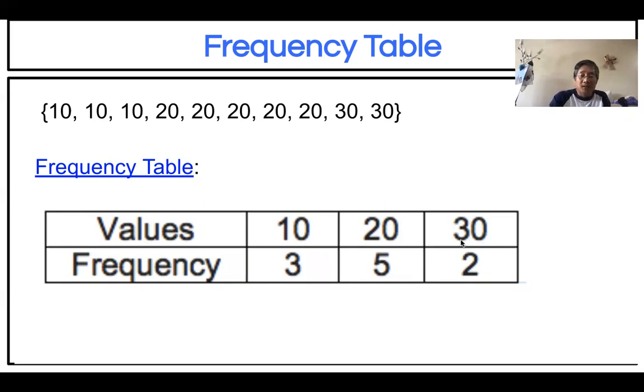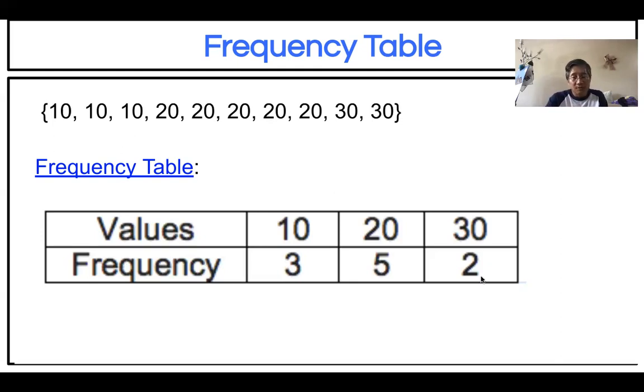Now, if you have this kind of frequency table, how can we use it? If you want to, you can put 10, 10, 10, 20, 20, 20, 20, 20, and 30, 30 in L1, everything, you can do it. But if you have a table like this, let's do it a different way.